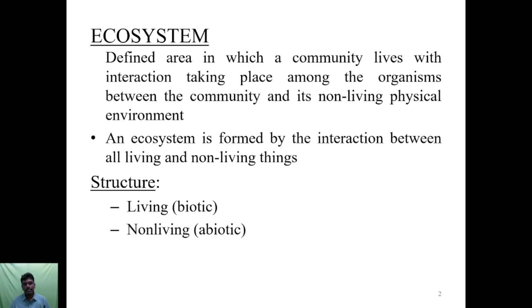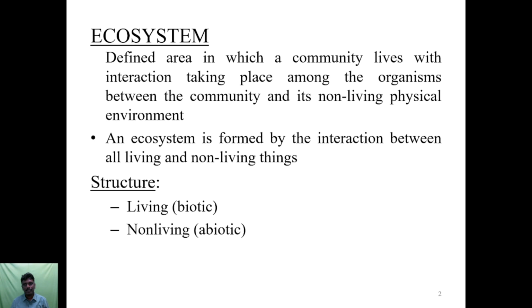So an ecosystem is a defined area in which a community lives, with interaction taking place among the organisms of the community and its non-living physical environment. We are all living in one particular ecosystem. In this ecosystem, not only living things but also non-living things are present.